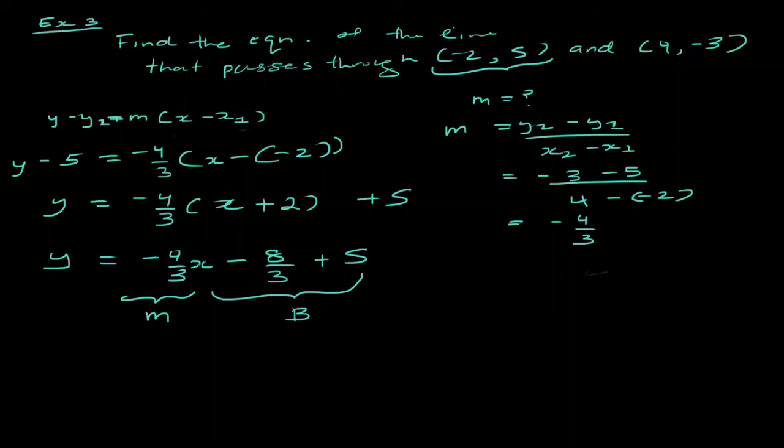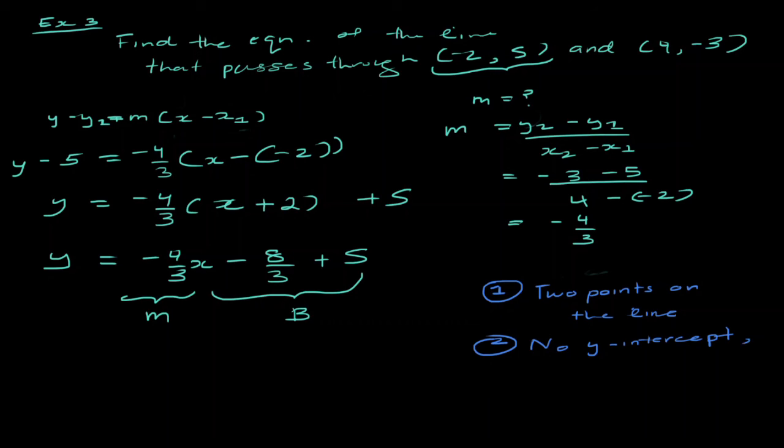So to summarize, why would we want to use this over the other? Number one is if the only information we have are 2 points, or just any points on the line. You don't have a y-intercept, but you have a slope and you have some point.